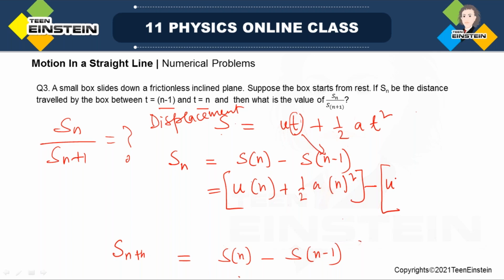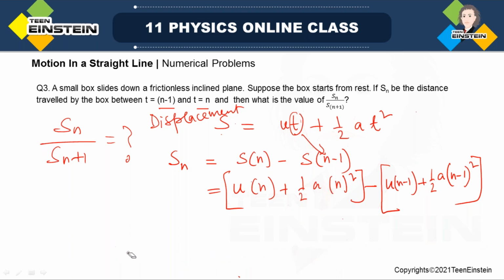In place of t I'll write n, minus, similarly, ut plus half a, the acceleration, t square, which means n minus 1, whole square. So you have to simplify this mathematics. If you simplify, then you will get Sn.